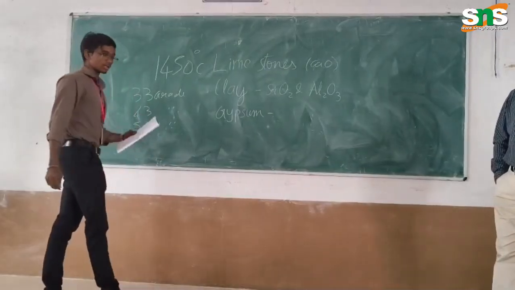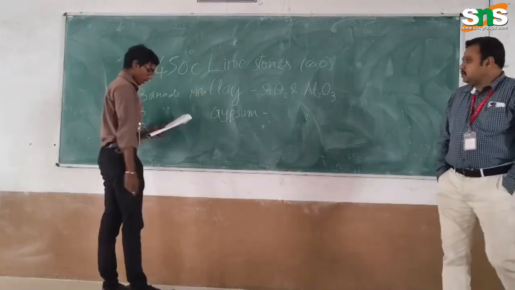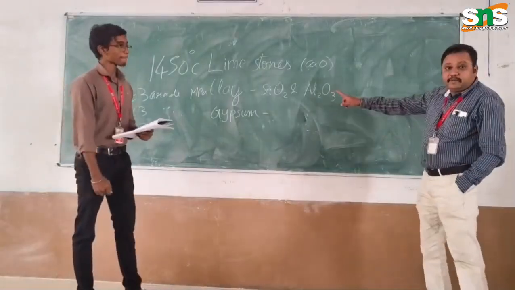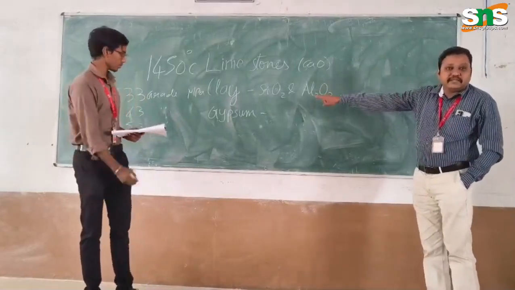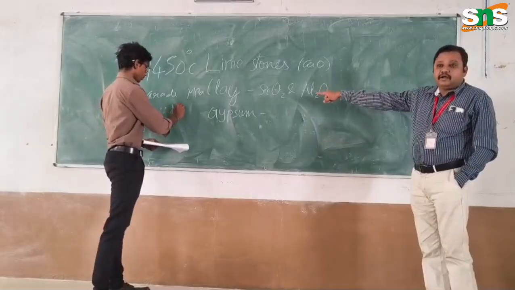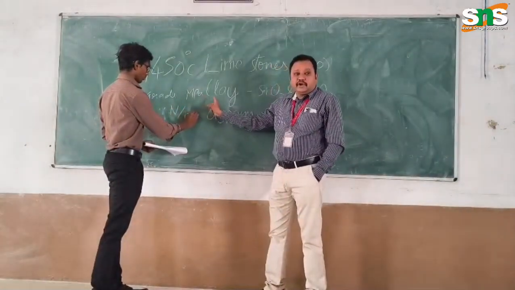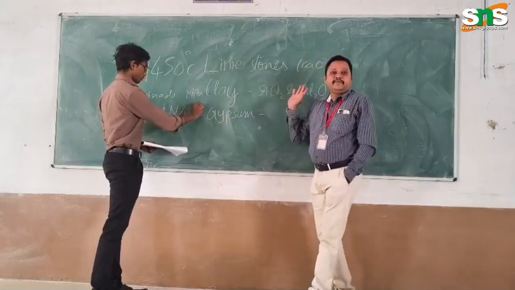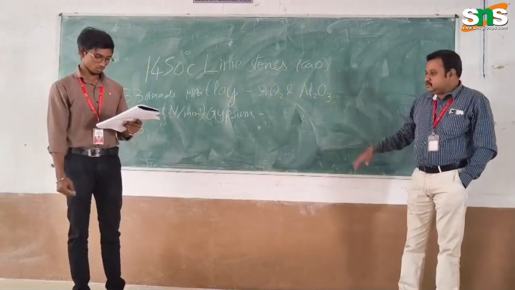This unit is calculated in MPa. MPa is nothing but Newton per mm square. M stands for mega, and this stands for Newton per meter square. Okay?